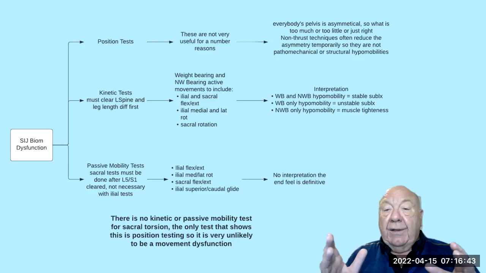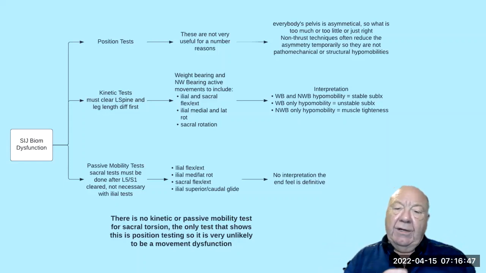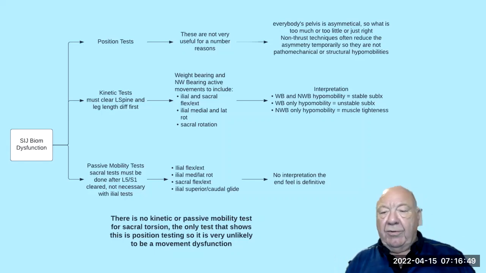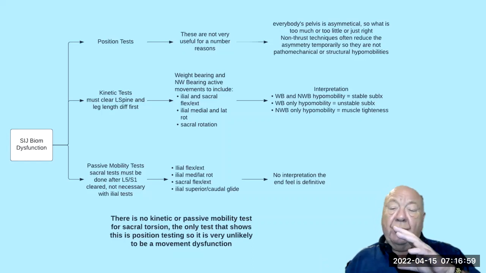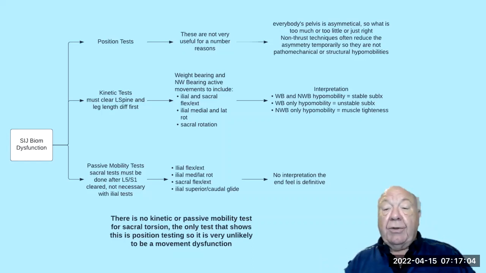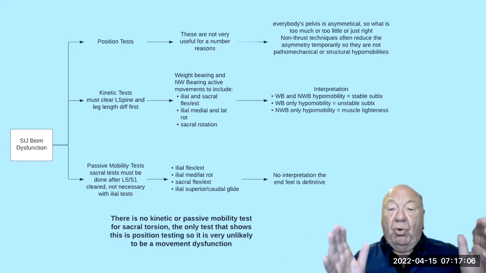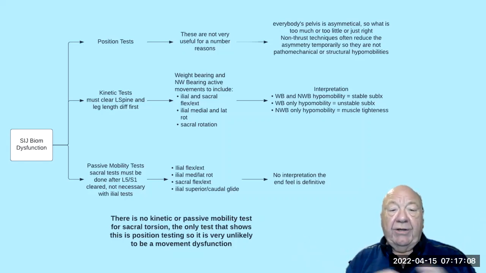So this is misleading. Position testing is misleading. The problem with it is, it was the osteopaths who came up with this method, and then you do muscle energy techniques, which is neurophysiological, you're relaxing muscle tone, and of course you change the position, muscle tone changes, the position changes, and there you've made a difference. So it's a really poor way of doing it, and I really wouldn't advocate it at all.